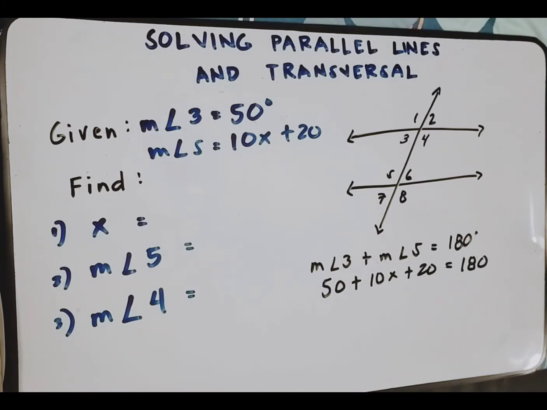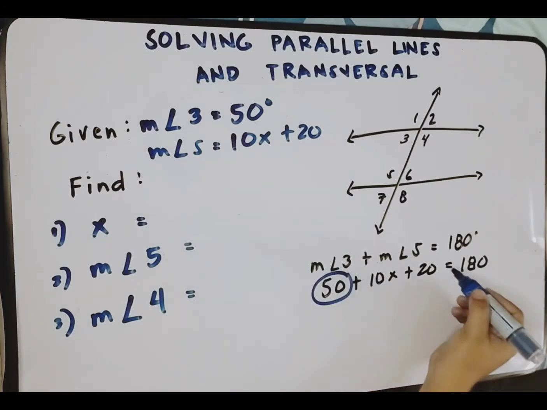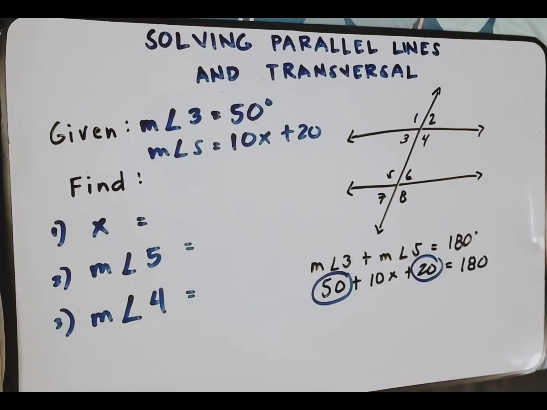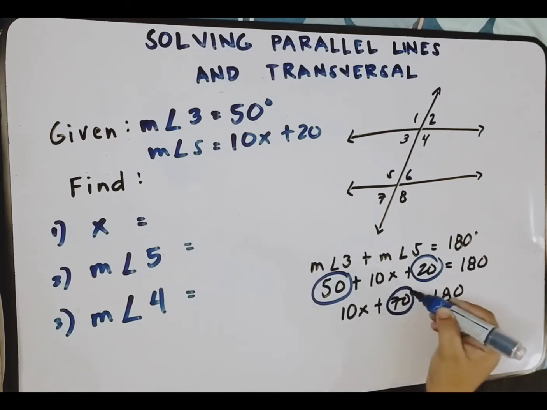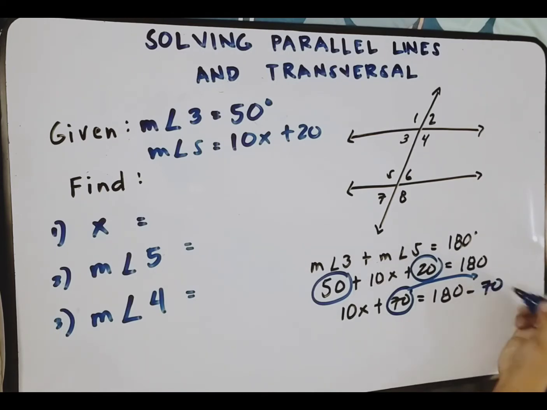First, combine like terms. 50 and 20, when added, is 70. So we have here 10x plus 70 equals 180. Then, we transpose 70, which becomes negative 70.